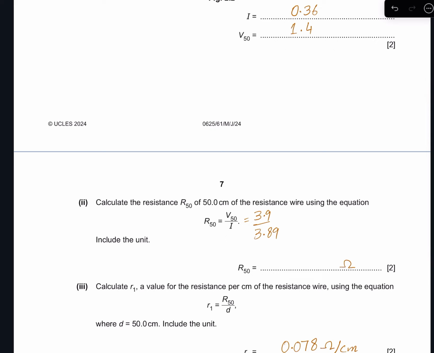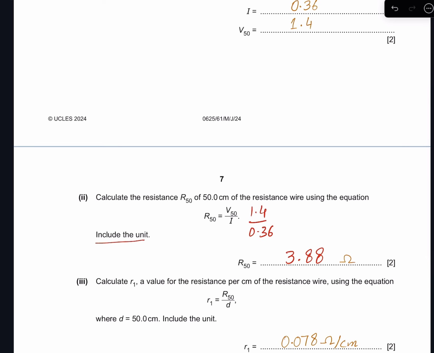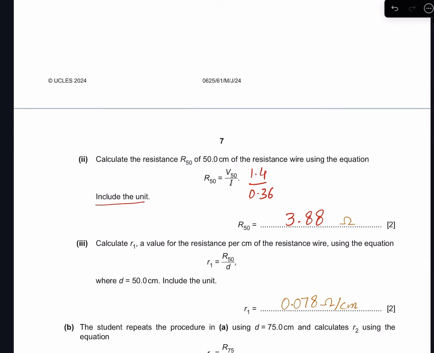No, I'm doing something wrong. There is a mistake. V50 is not 3.9. The V50 is 1.4 and I is 0.36. So it should be 1.4 divided by 0.36. So it will be 3.88. And we have to include the units. That will be the ohm.